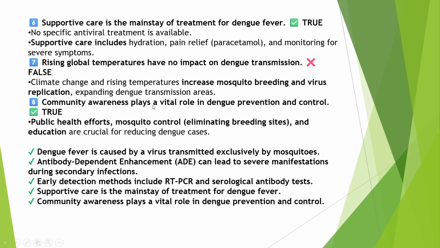Then, community awareness plays a vital role in dengue prevention and control. Of course, this is true. Public health efforts include mosquito control, eliminating breeding sites, and educating people on how dengue is transmitted and how to safeguard themselves from mosquito bites, and not creating an environment where mosquitoes can breed, like proper sanitation, hygiene, and avoiding stagnant water near or in the houses.